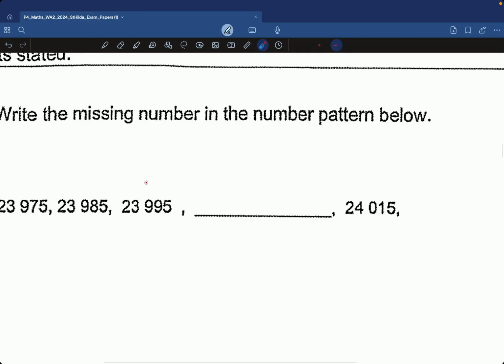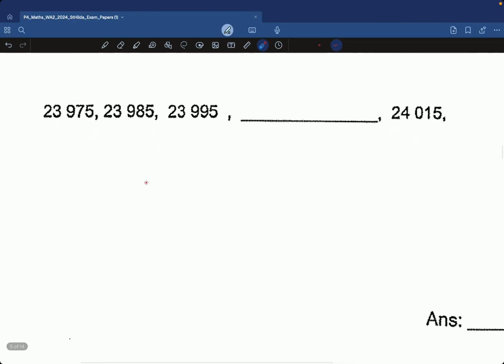Let me zoom this in. If you look at 23,975 and then 23,985, what is the difference between these two numbers?